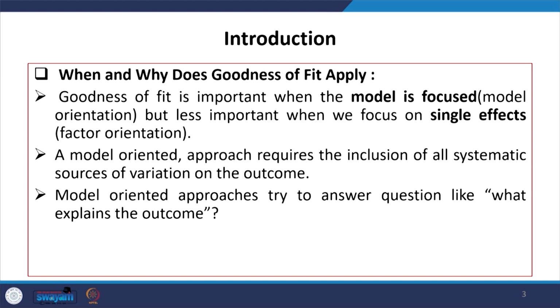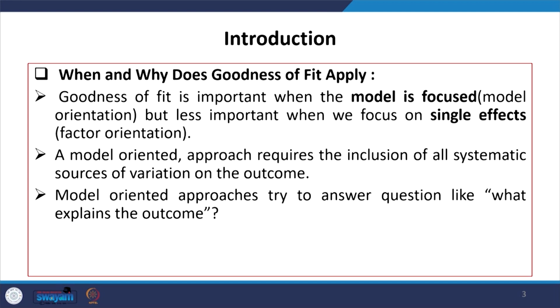There are two ways by which we should understand the orientation: one is the entire model orientation, another is single effect orientation. In the case of a single effect, it is not that important, but for the entire model as a whole, goodness of fit is mostly discussed and has to be understood correctly.